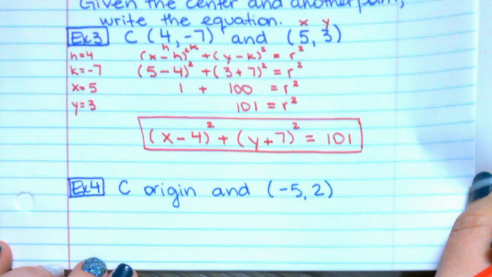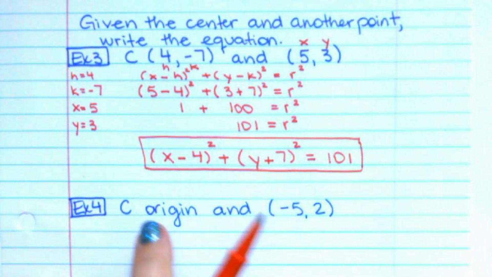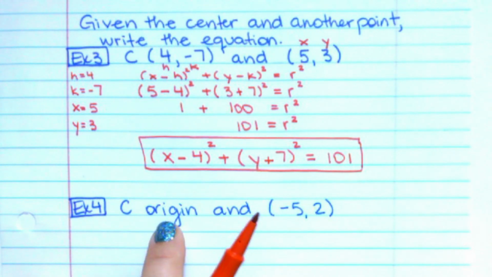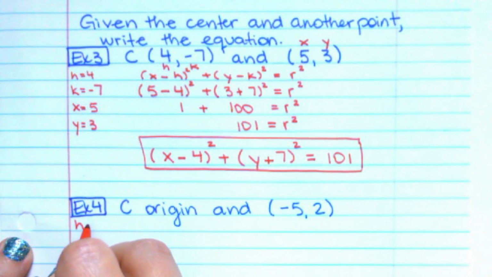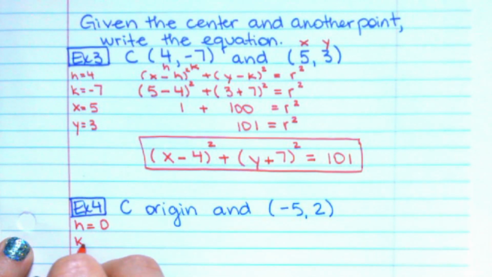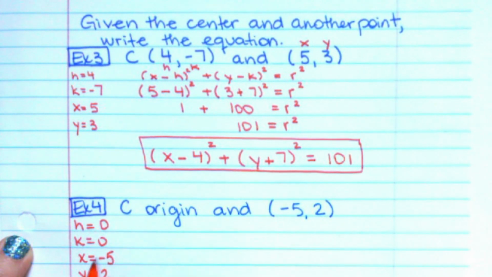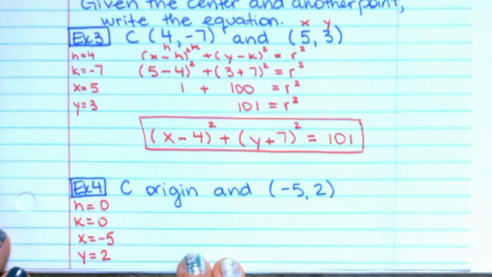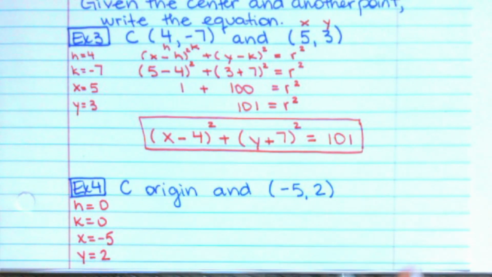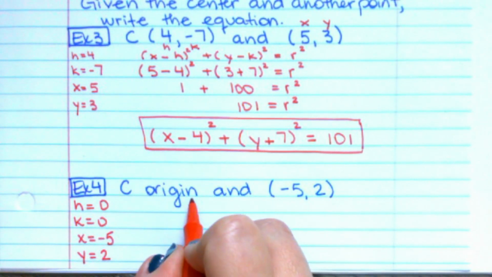Now the last one, I have the center at the origin, and I have the point. So H is 0, K is also 0, X is -5, Y is 2. So now that I have everything, I can go ahead and start working on finding R squared. So here we go.